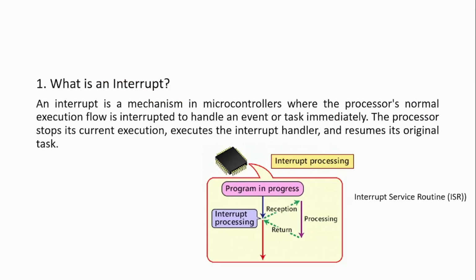That is why you can see this return is exactly at the stage where it was stopped or halted, right? So this is what we call interrupt processing. Our execution will come back exactly at the same stage where it was transferred from the main program to the subroutine. Right? So this is interrupt.